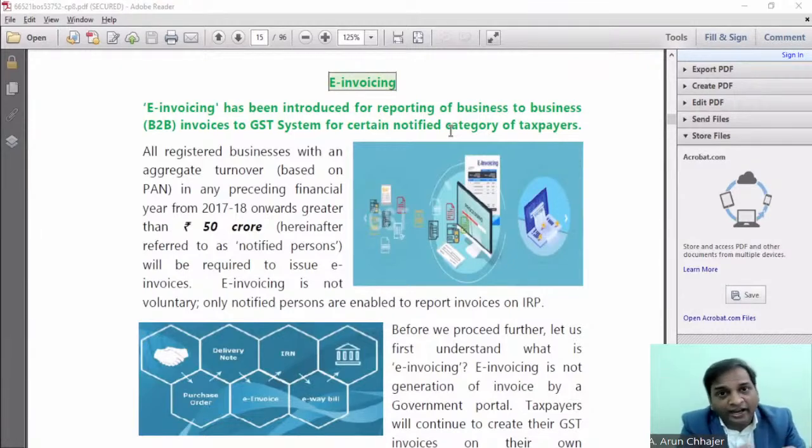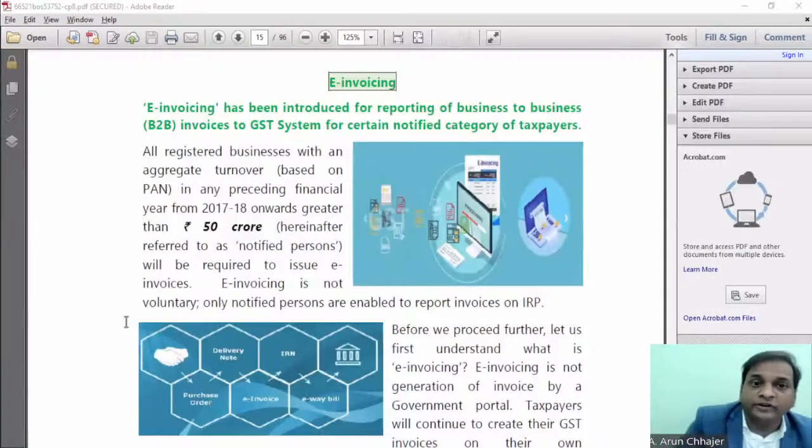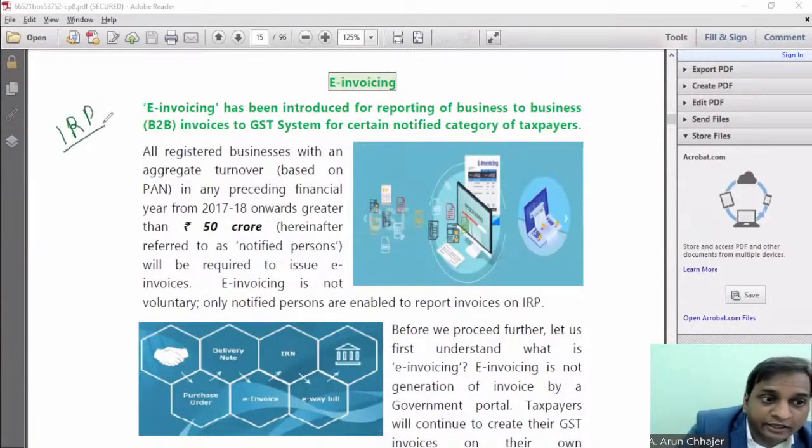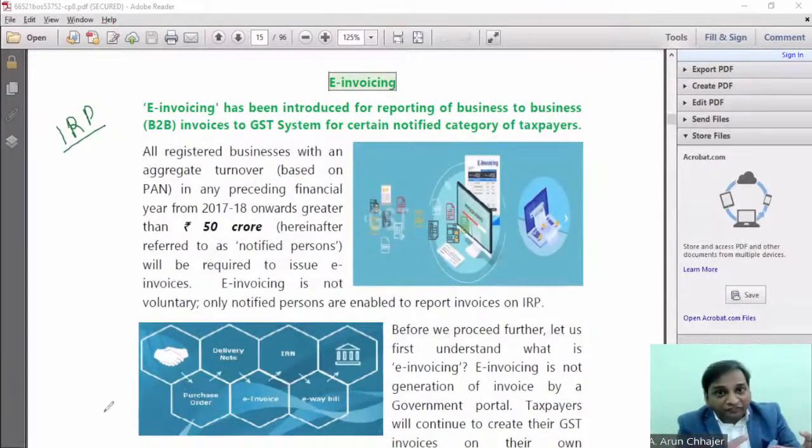Process one: you have to prepare your invoice using your accounting software, like Tally, SAP, or any other ERP. I will prepare the invoice using that software only. Now remember this technical term, IRP, Invoice Registration Portal. After you prepare the invoice, you go to the IRP and submit the details of the invoice.